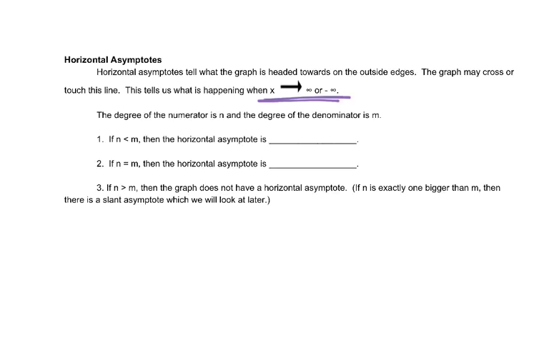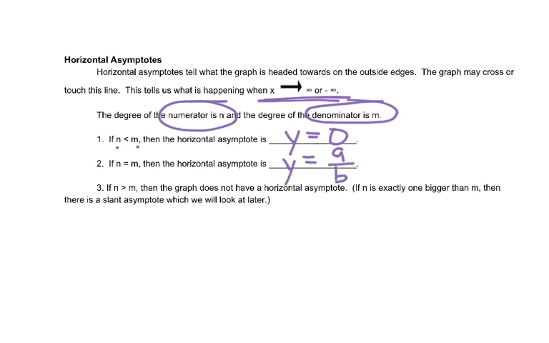If n is the degree of the numerator, and m is the degree of the denominator, and the degree on the top is smaller than the degree on the bottom, then the horizontal asymptote is automatically y equals 0. If the degrees are the same, then we use leading coefficients, and we'll have a over b. And if the degree on the top is bigger, then we do not have a horizontal asymptote.